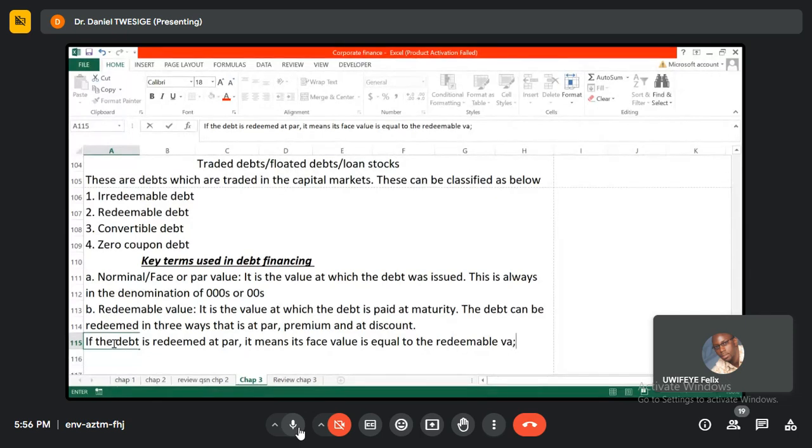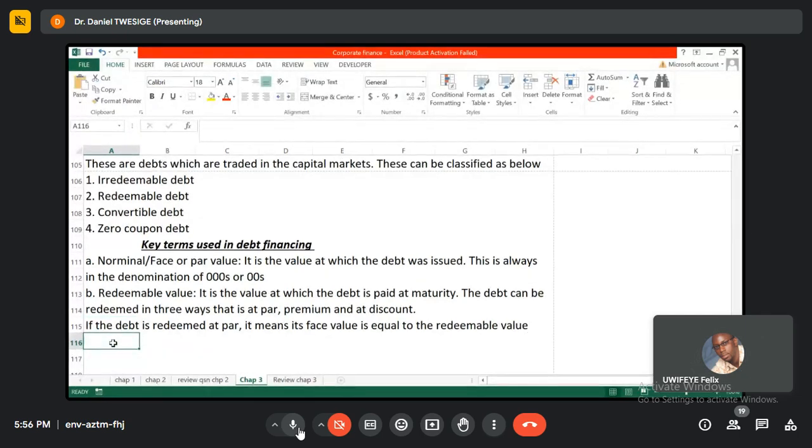What do we mean here? What we mean is that if the par value is 1,000, if that's the face value, the redeemable value will also be 1,000.